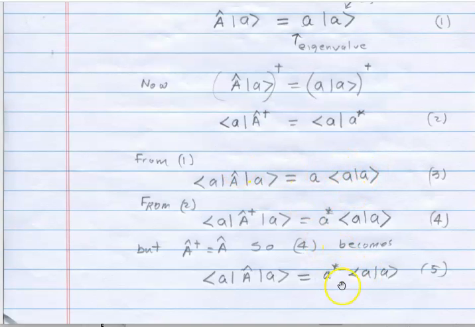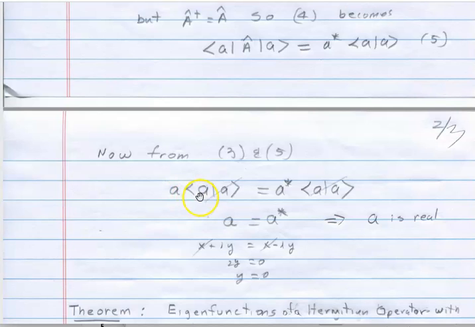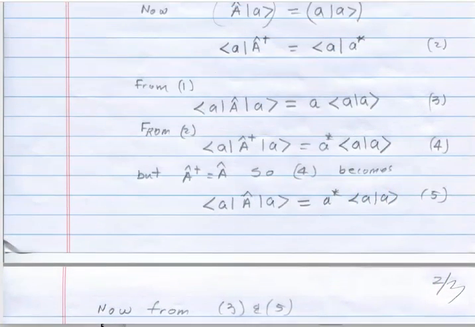The right-hand side, though, from doing those two routes, gives a slightly different expression: I get a and a star here. Since 3 and 5 are both equal to the same thing, the right-hand side of one has to be equal to the right-hand side of the other. And that gets me just this expression: a times the inner product of |a⟩ with itself, a star times the inner product of |a⟩ with itself.